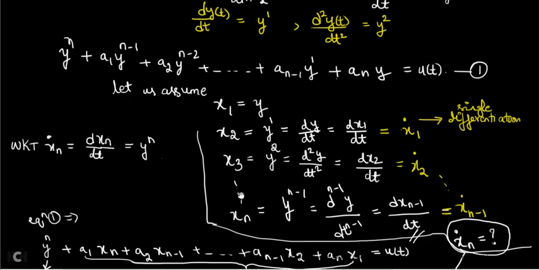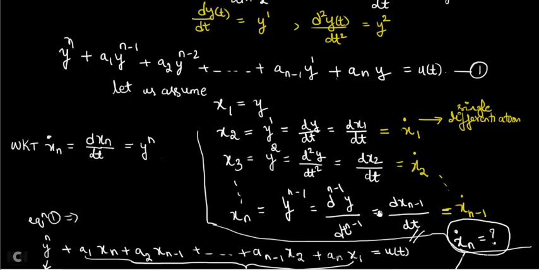Similarly, I keep assuming x4, x5, etc. Now what is the last assumption I can make? xn will be equal to what? See, x1 is y, x2 is y power 1, x3 is y power 2. If you have 3, the power should be 2. If you have n, then the power should be n minus 1. So xn is equal to y power n minus 1, which is d power n minus 1 y by dt power n minus 1, n minus 1 number of differentiations.